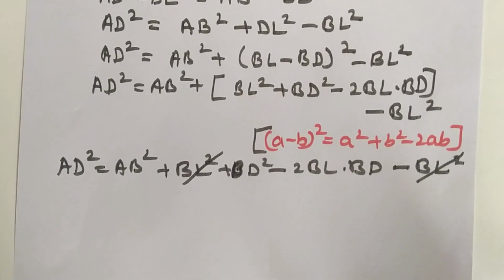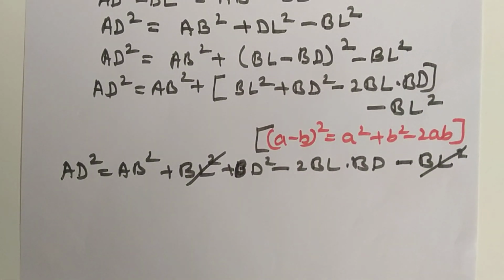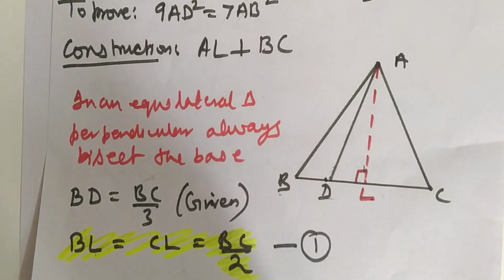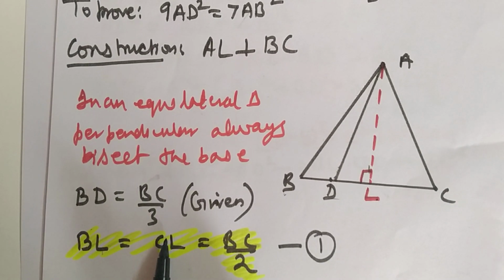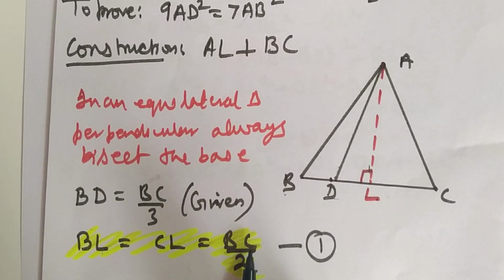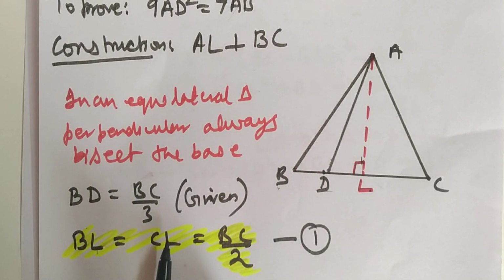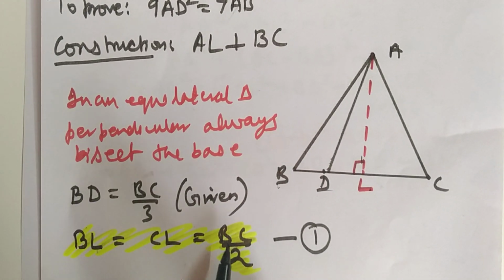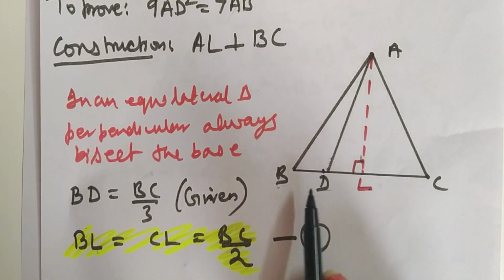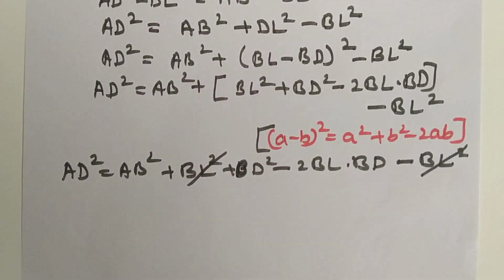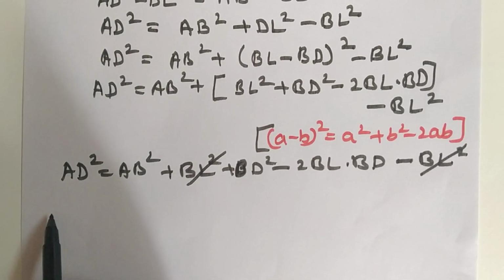Now if we remember, BD is equal to BC upon 3, and BL is BC upon 2. BD is BC upon 3, that is given to us, and BL is BC upon 2 because we know that the perpendicular bisects the base. So we are applying these two things.